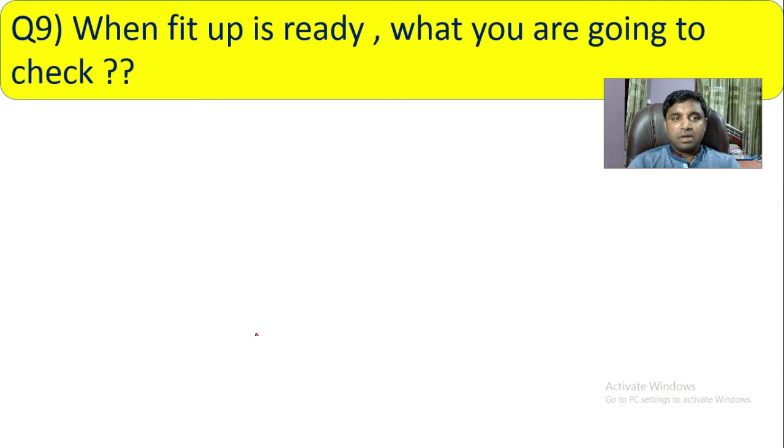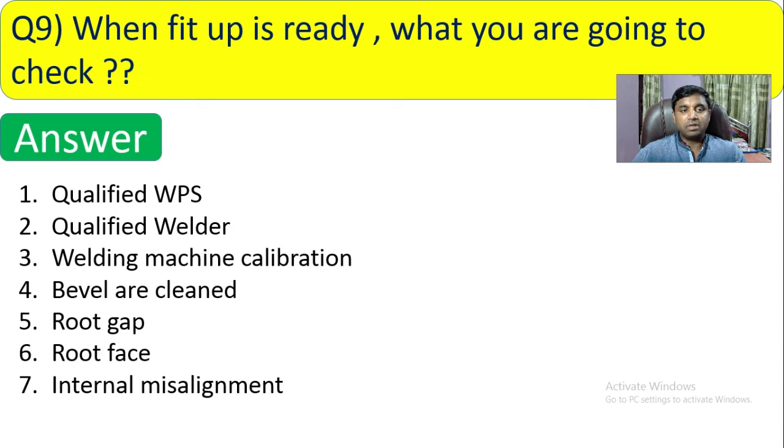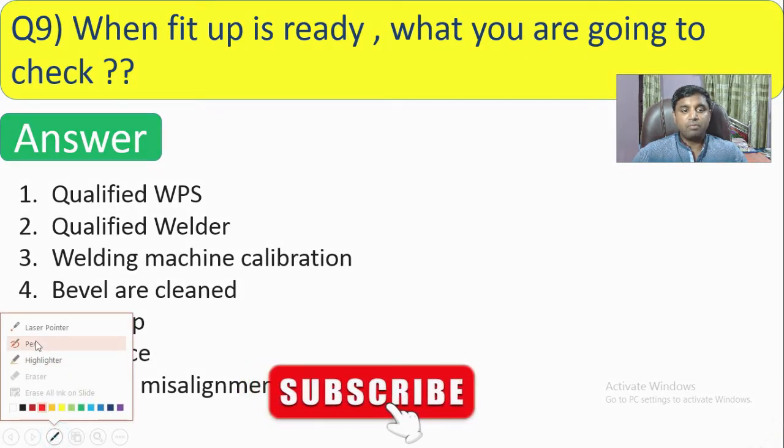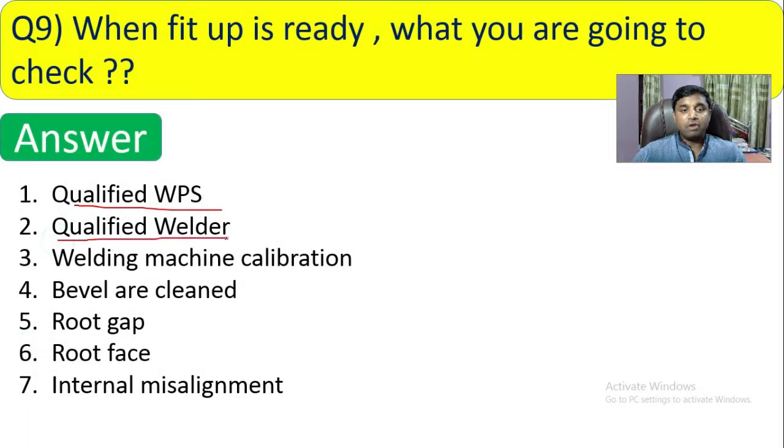When fit up is ready, question 9, what are you going to check? Your weld joint is ready, your fit up is everything ready, then what do you have to check as a welding inspector? You have to check first that there is a qualified WPS, means the WPS is there or not. If the WPS is there and approved, then we can start the welding. Is a qualified welder there or not?